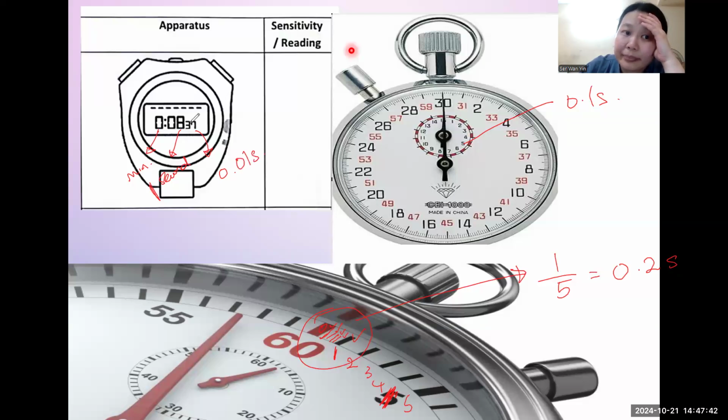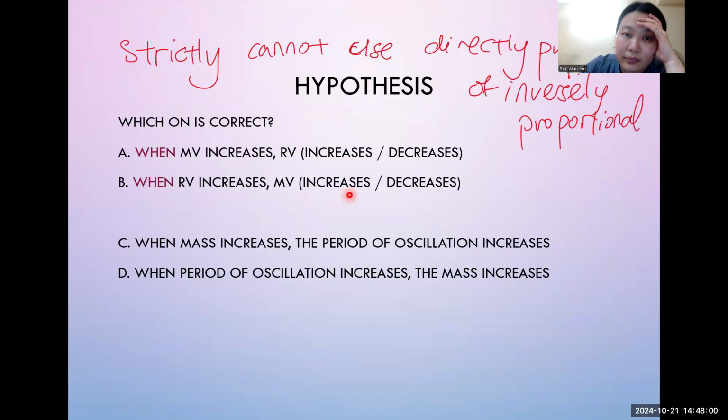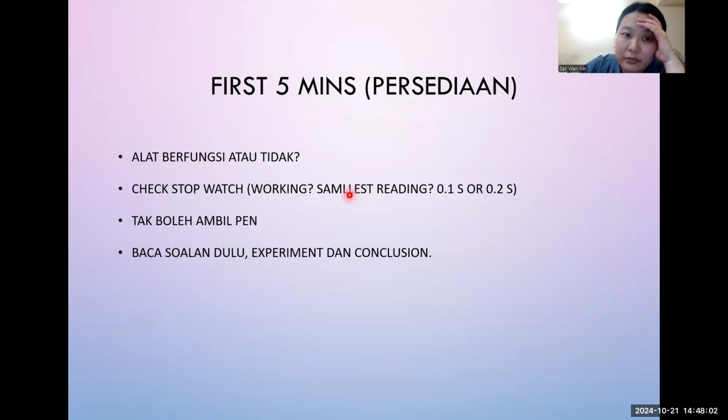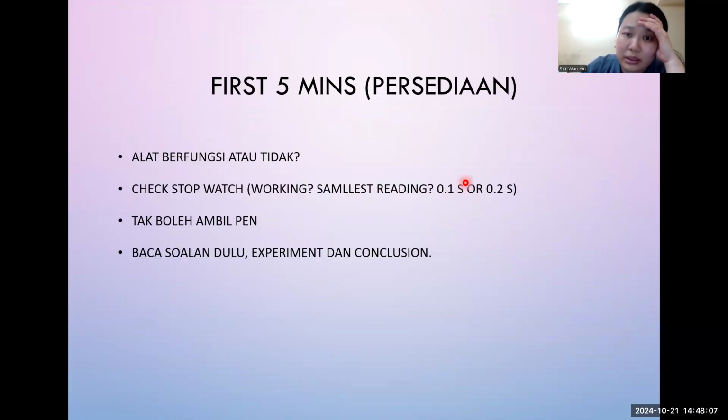So you'll see this one runs very fast, because it's 0.01 second. Okay, so now, first 5 minutes. Okay, then now inference. So determine the smallest scale first.